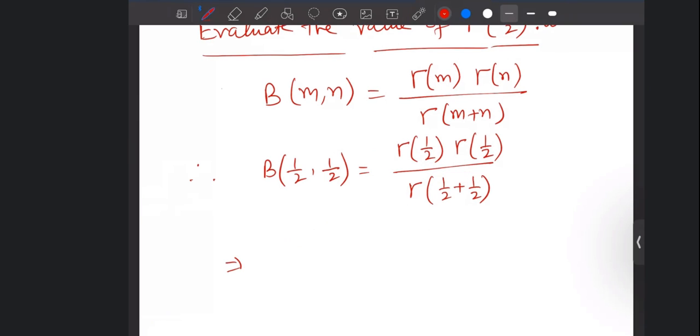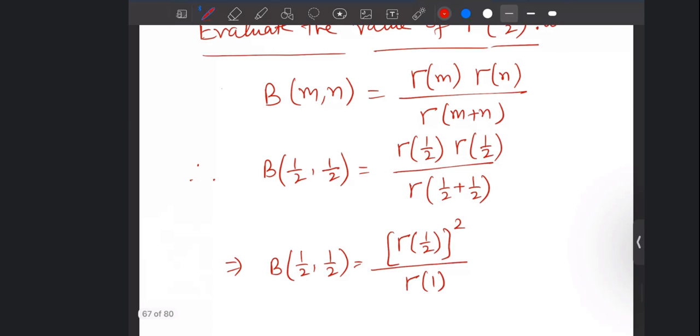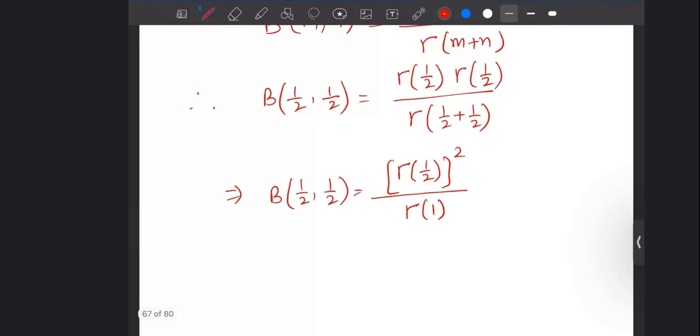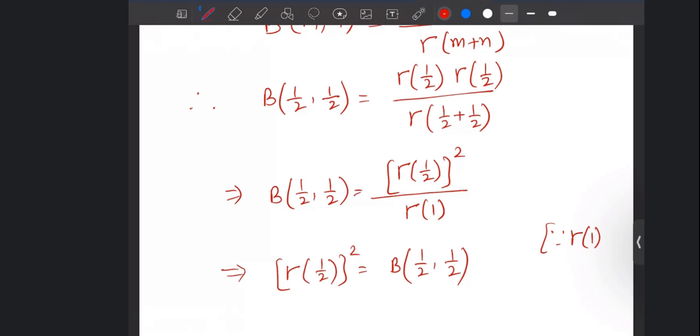This implies beta of 1 by 2, 1 by 2 is equal to gamma of 1 by 2 whole square divided by gamma of 1, which is equal to 1. This implies gamma of 1 by 2 whole square is equal to beta of 1 by 2, 1 by 2, because gamma of 1 is 1.